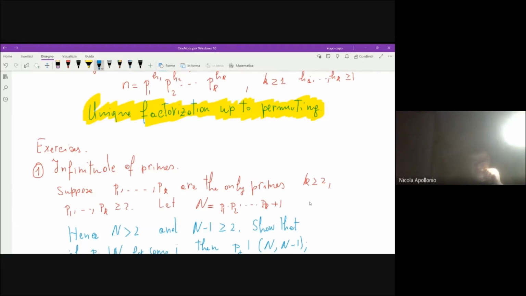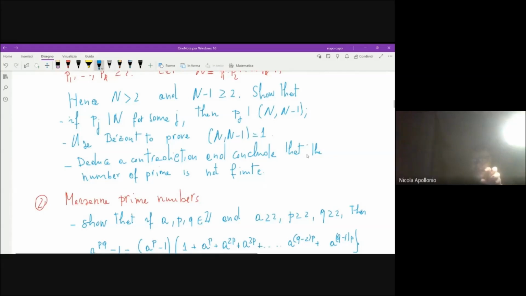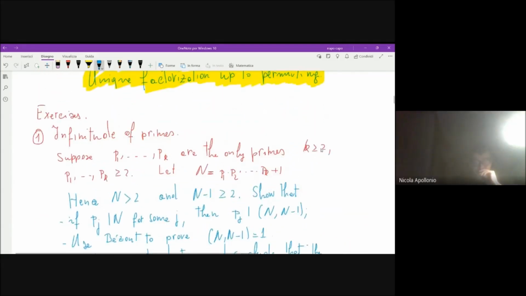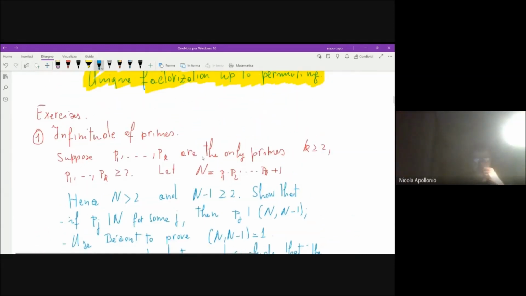I content myself just to read the exercise, maybe to comment some hints, but this is up to you. So the first exercise is about the infinitude of primes. So there are infinitely many primes. Why?